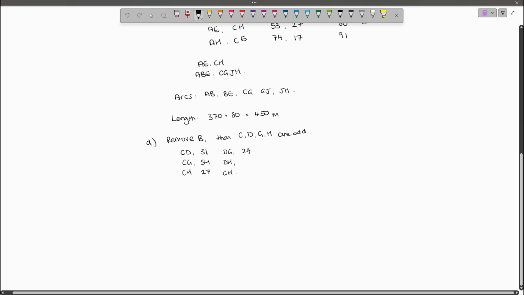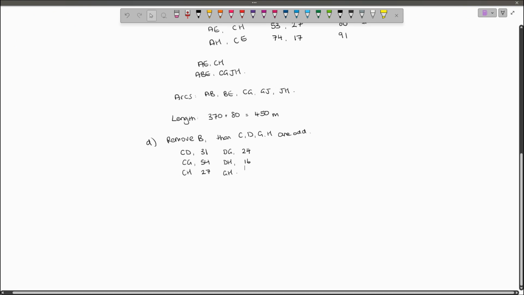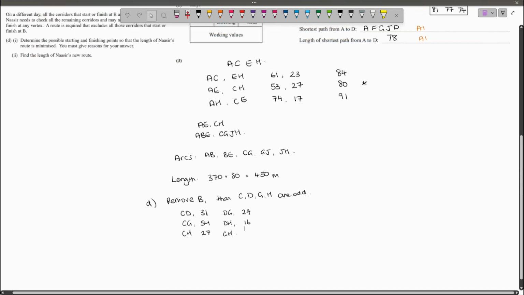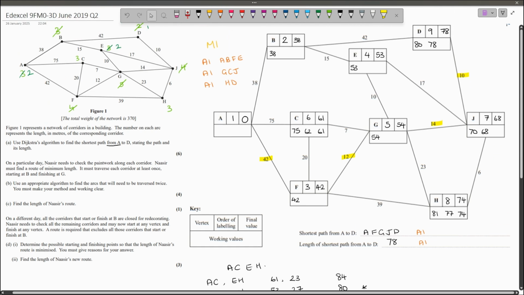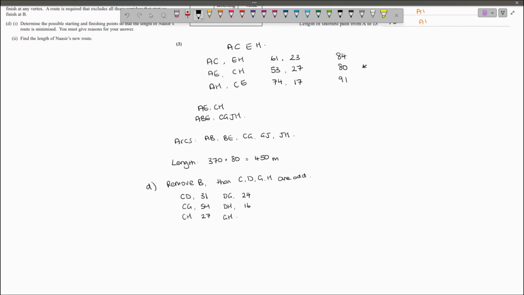So DH has a distance of 16. And finally, GH has a distance of, what is that? 23, but we could actually get 20. So GH has a distance of 20.